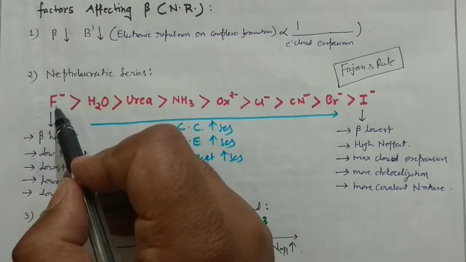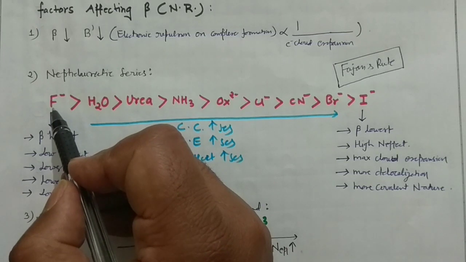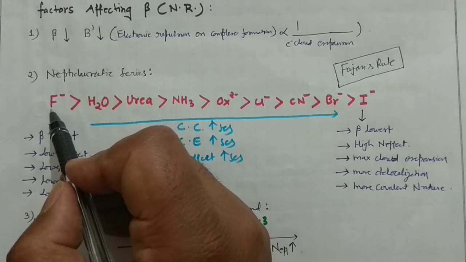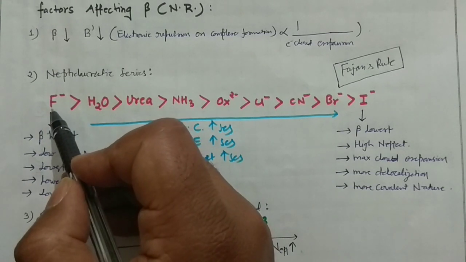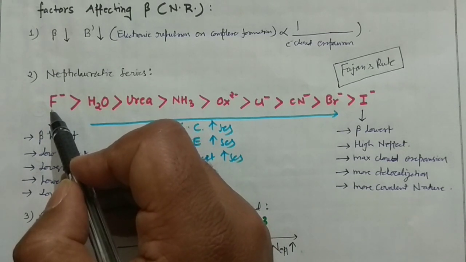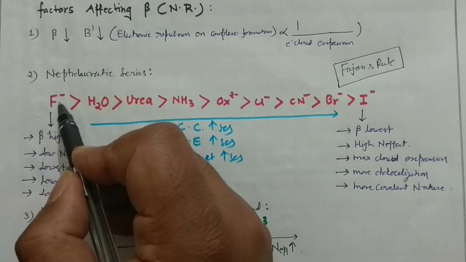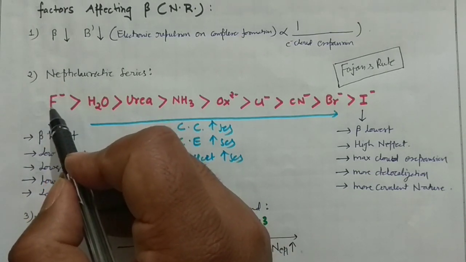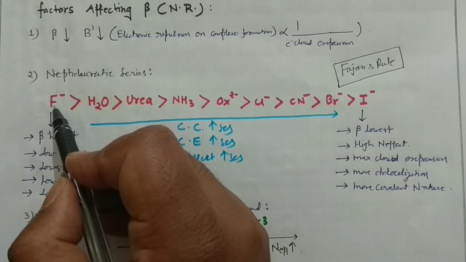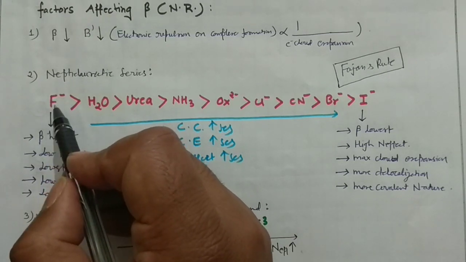Polarization would be difficult for this one, right? When polarization is difficult, it will not form any covalent bond. And you know, HF has ionic character, maximum ionic character. Okay, so due to the smaller size and high effective nuclear charge, the electrons of the fluoride are not available to form the covalent bond.